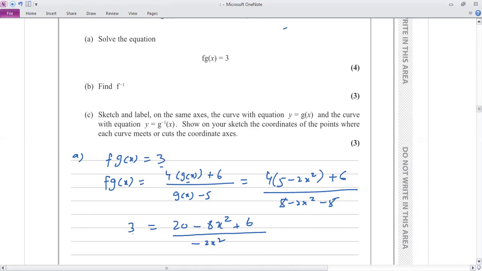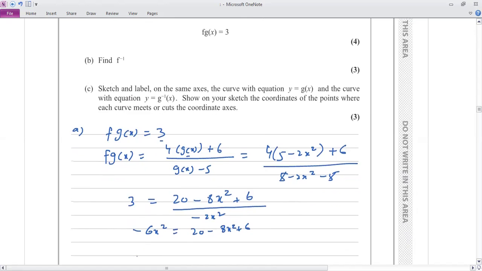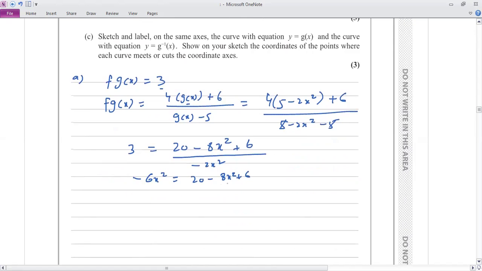So take it to the other side. It will become 3 into minus 2, which is minus 6x square, equals 20 minus 8x square plus 6. Shift all terms to one side. So 8x square minus 6x square minus 26 equals 0.